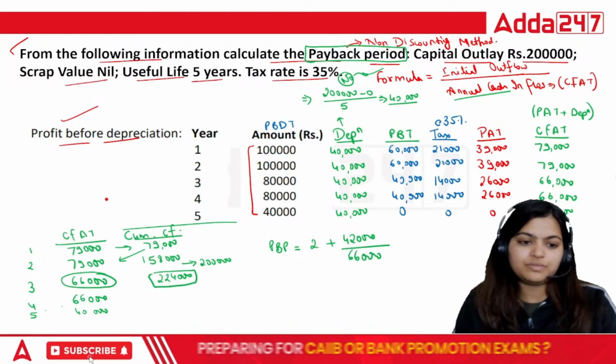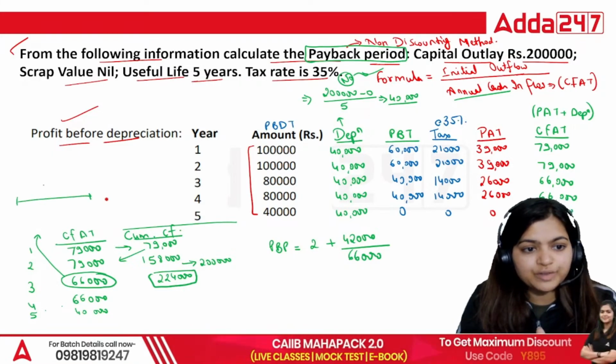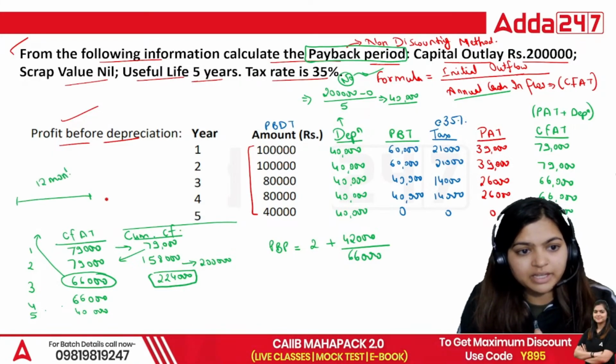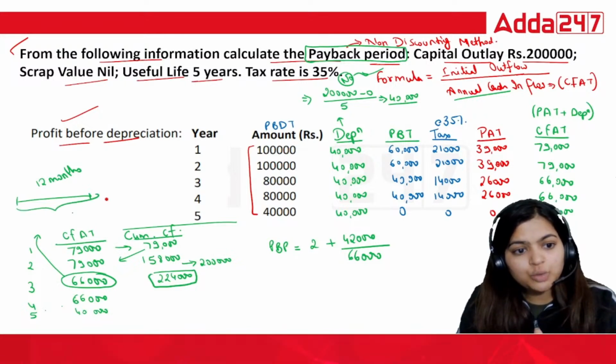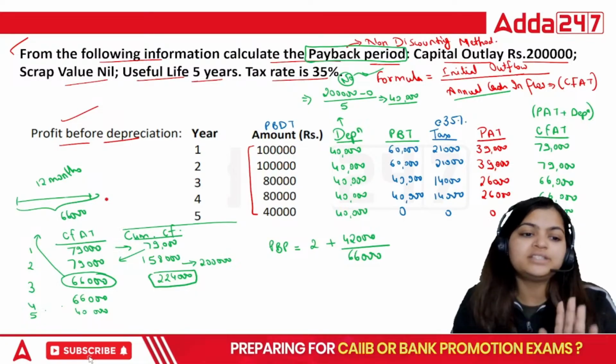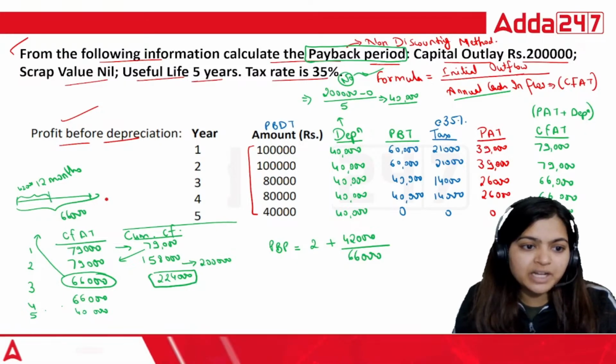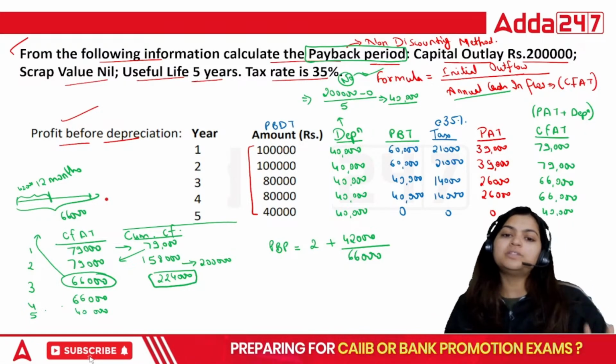Just see what is happening here. If you're working for 12 months, you are going to earn 66,000. But we don't want full 66,000. We want only till 42,000, because as soon as we are earning 42,000, we are going to stop this calculation.